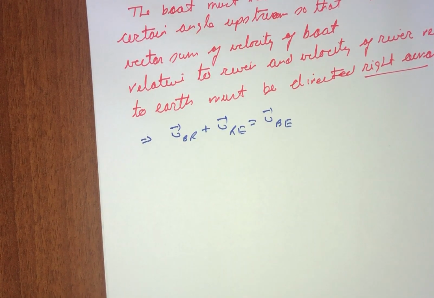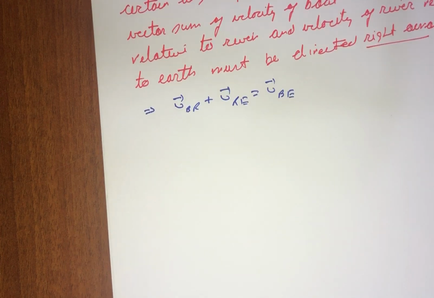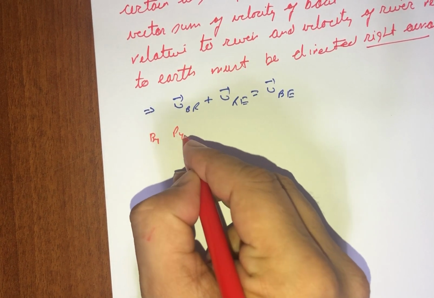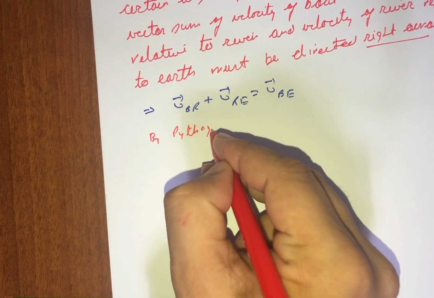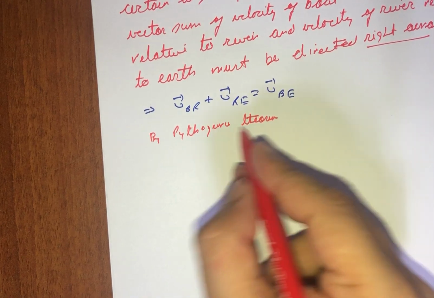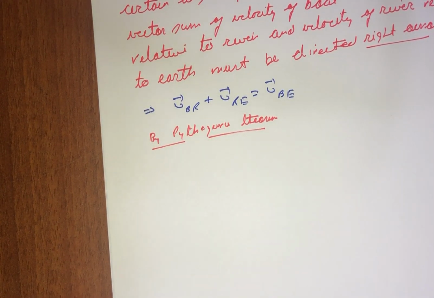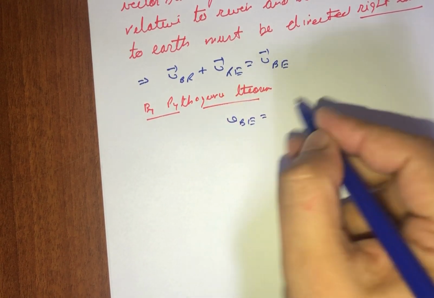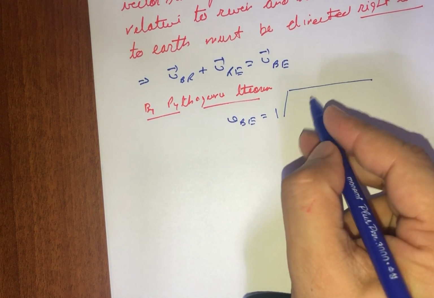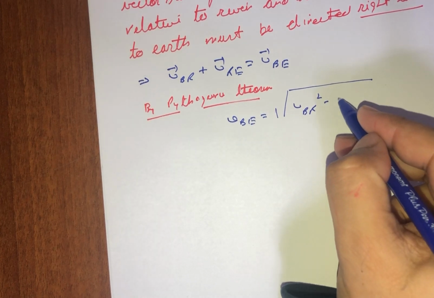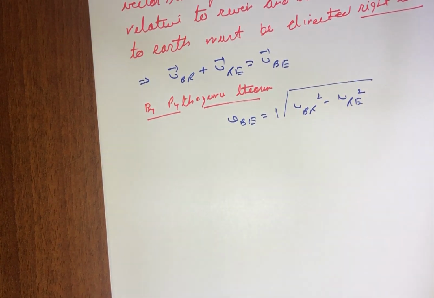Okay, and if we use the Pythagoras theorem in this triangle, we can write that VBE is equal to square root of VBR square minus VRE square.